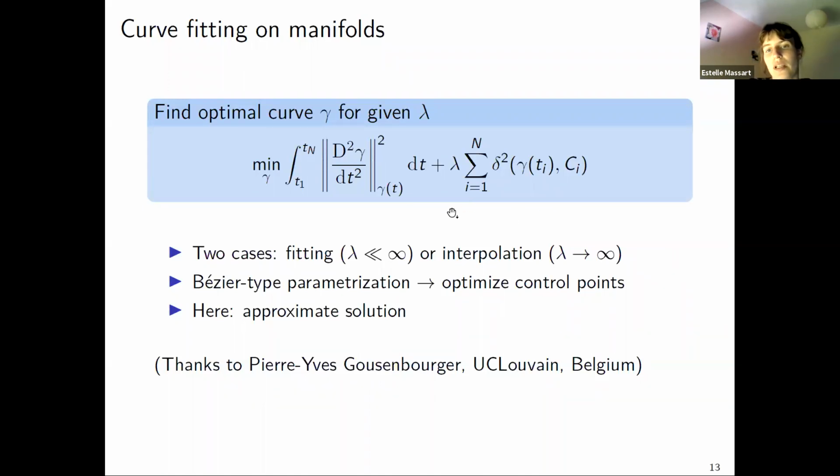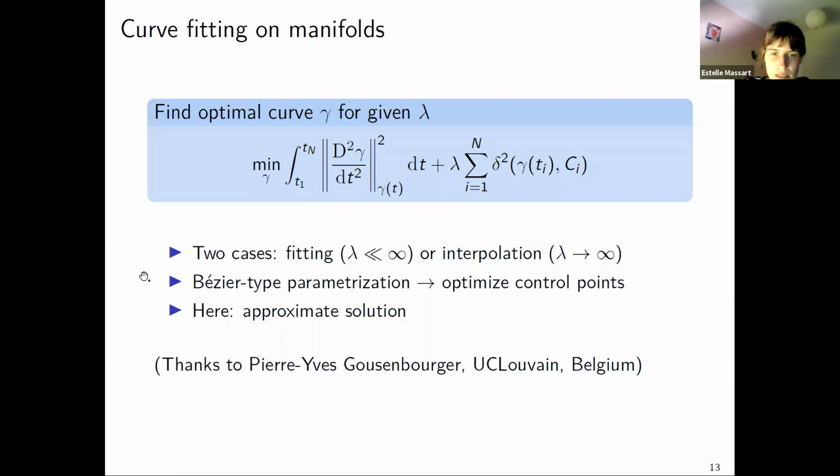And the second one will require the curve to interpolate at time ti, just take t equal to theta if you want to match with the beginning of the talk, the covariance matrices ci. Those two terms are balanced by a parameter lambda. If you take lambda going to infinity, you enforce interpolation, so you will have an interpolating curve. While if you take smaller values of lambda, then you will have just a fitting curve, which in general will not interpolate your data, but will be more regular.